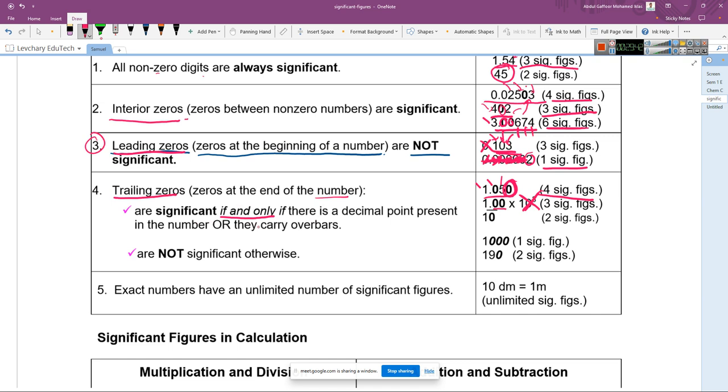But what do we say? If we have a decimal point, the zeros at the end of the number will be counted as significant figures. So since we have a decimal point here, we will count these two trailing zeros as significant. This is already a significant figure, and in addition we count these two zeros. So altogether we have 3 significant figures, right?